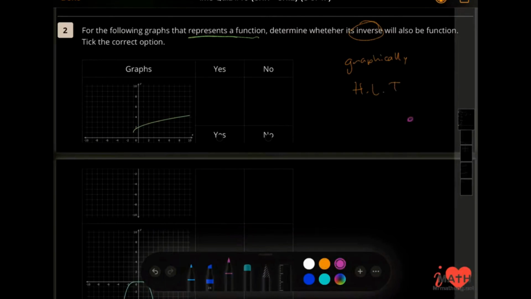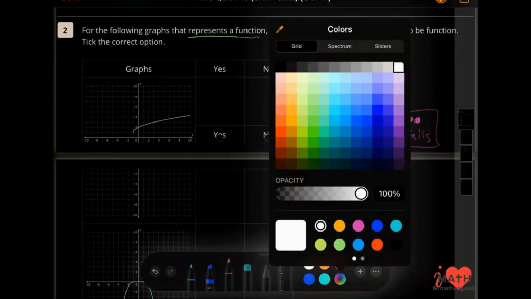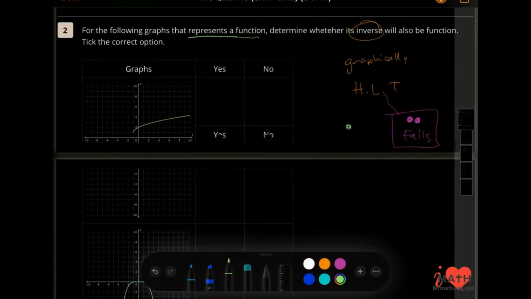If you have more than one dot, then it fails. And if you have just one dot, then it passes, and then you can take the inverse. That's what it does, okay?